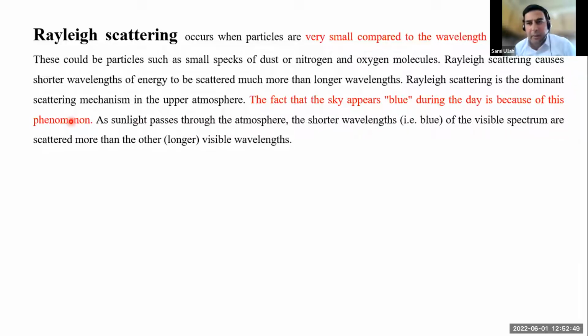Because of the shortest wavelength in the visible spectrum, the sky looks blue. As sunlight passes through the atmosphere, the shortest wavelength, blue, is scattered more than the other visible wavelengths. The other visible wavelengths are also scattered, but the scattering of blue is much higher.